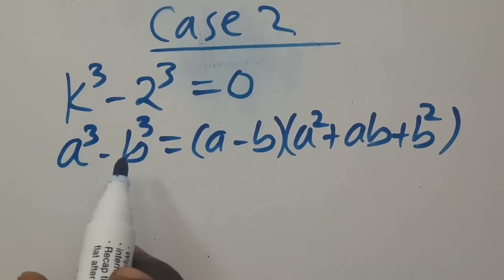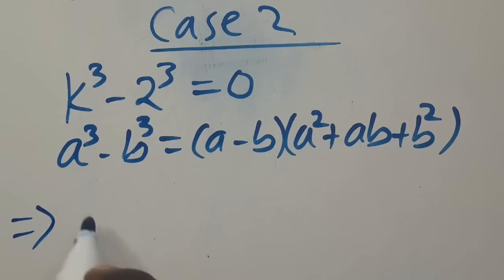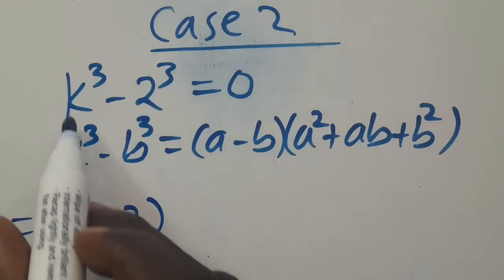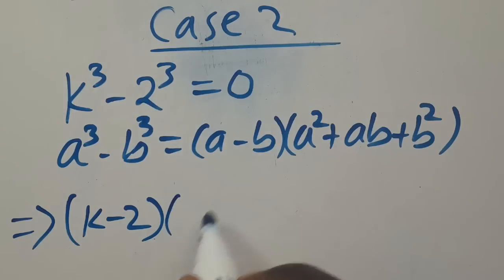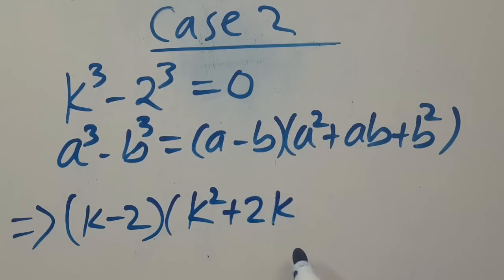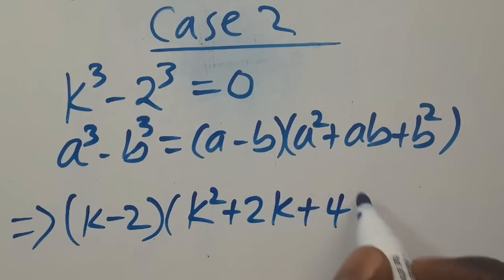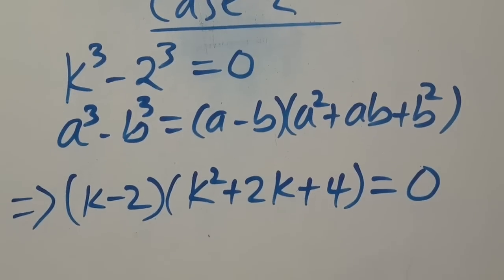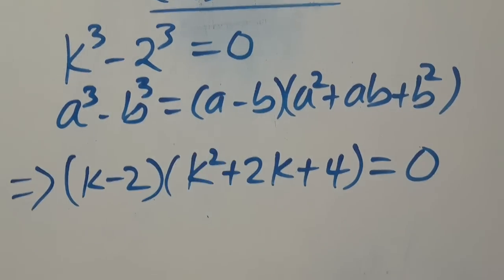So by applying it here, we have k minus 2, because our a is k, our b is 2, times k squared plus 2k plus 4 equals 0. We set everything to be equal to 0.